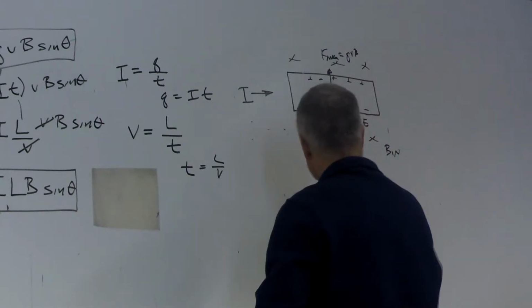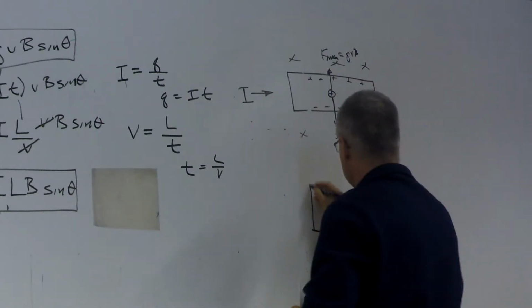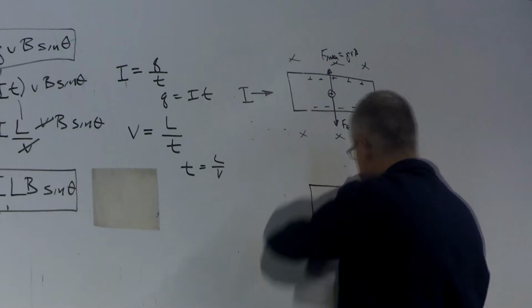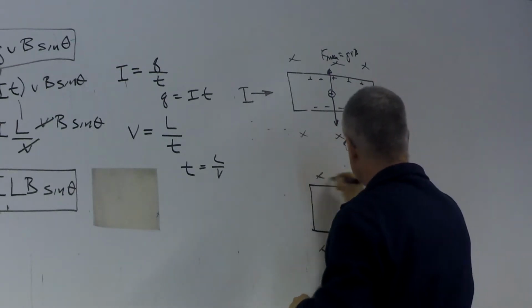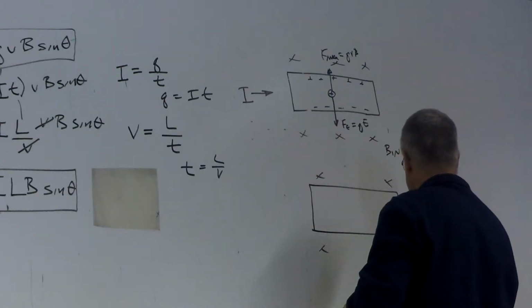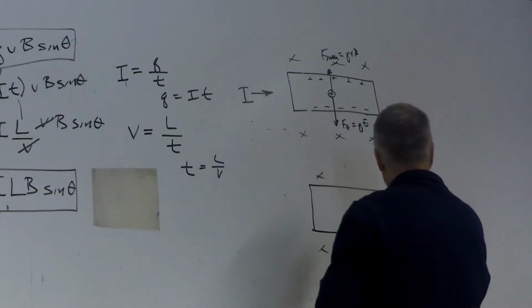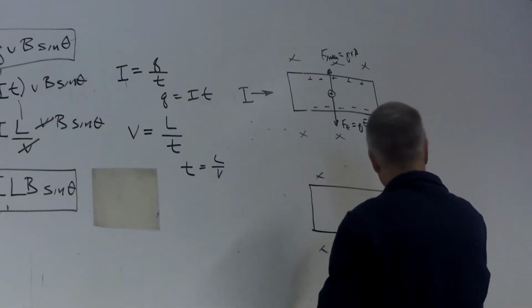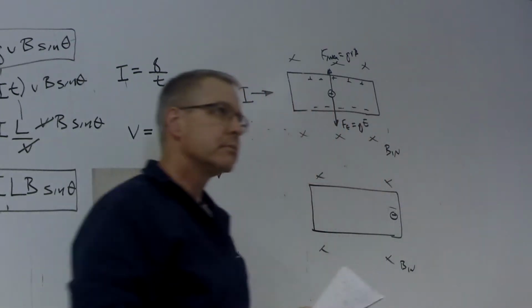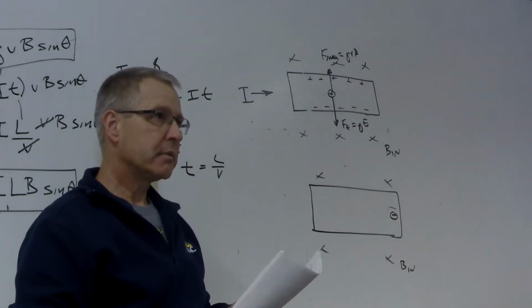Okay, what if instead, same setup, it's negative particles going to the left? Which way is that going to deflect?